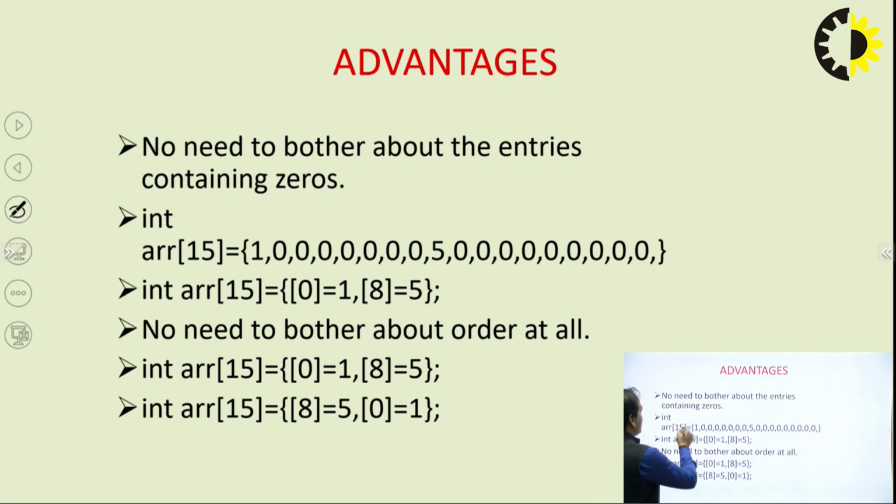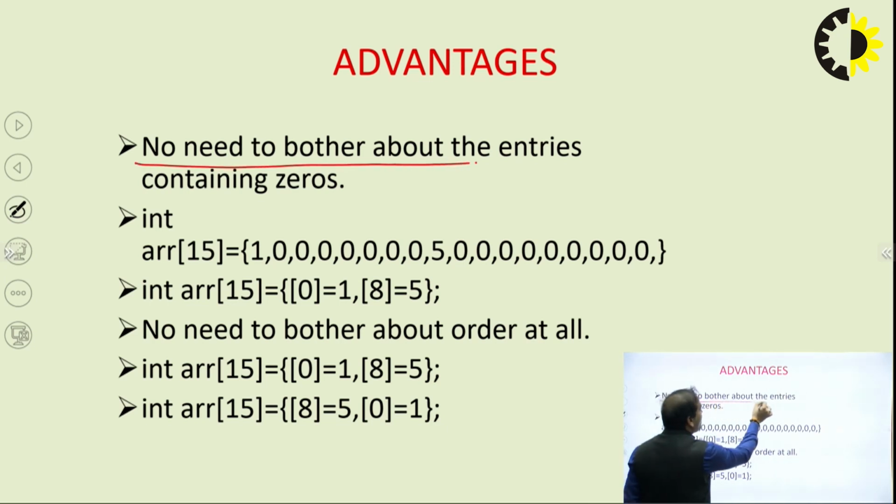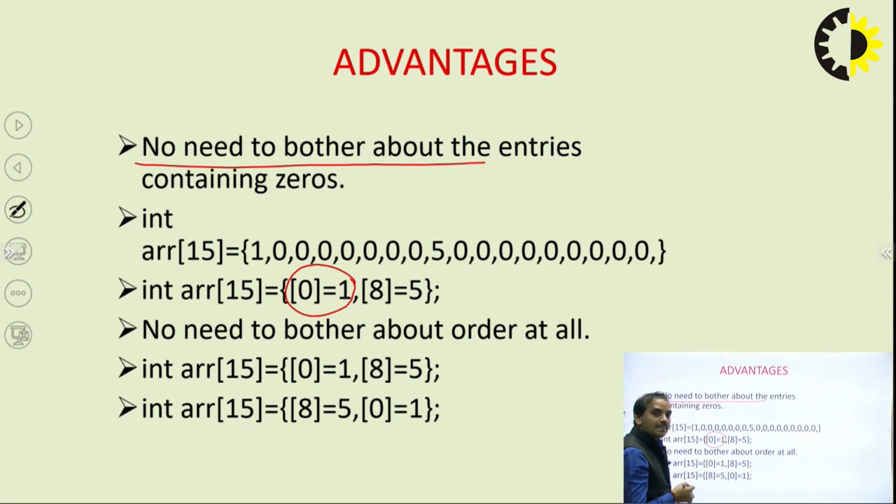No need to bother about the entries containing 0. That means for an array where most of the entries are 0, there is no worry about how or at which positions the elements are inserted. We write the value at the position where we want to insert, and leave the positions which have the 0 entry.